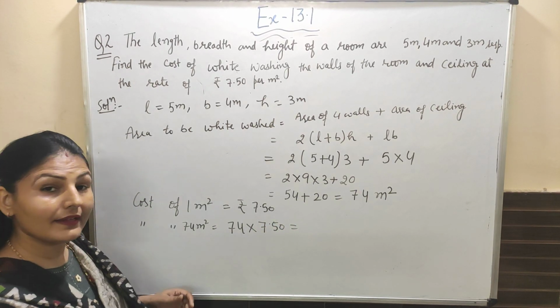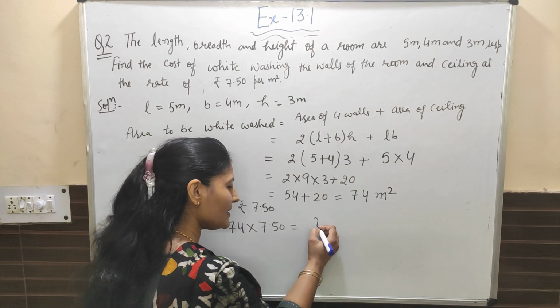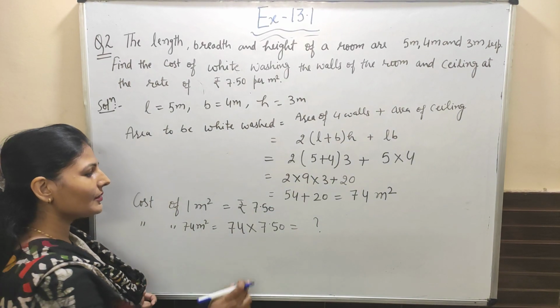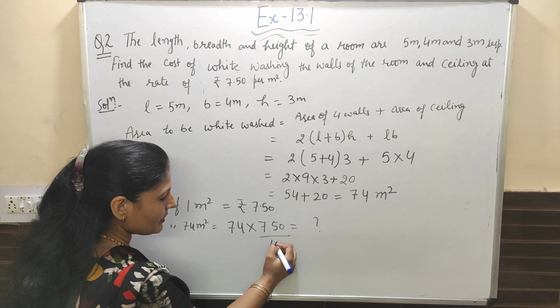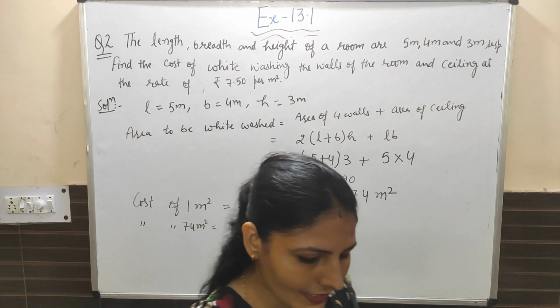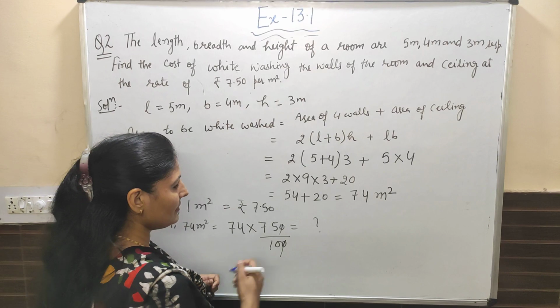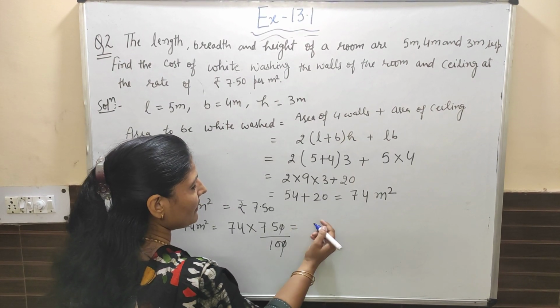And now my intelligent children, you have to calculate yourself this cost. Okay, you have to multiply yourself. You can put it at 100. Now you have to solve it. You will multiply 74 and 75, and there is 10. What will you get?